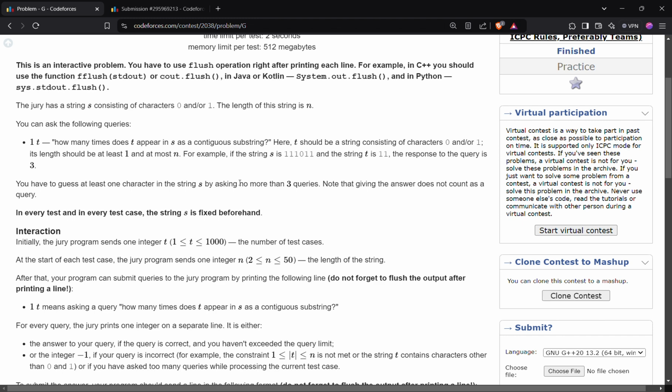But this is a special problem. They are saying to make at most 3 queries. Let us read the remaining part of the question. Note that giving the answer does not count as a query, so that's obvious. And in every test case, the string s is fixed beforehand.